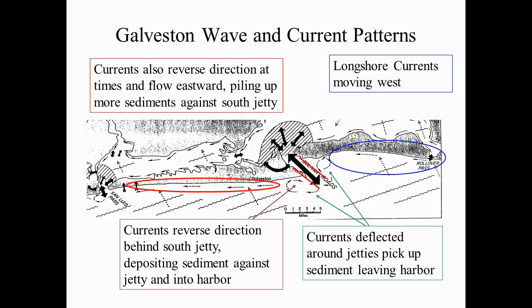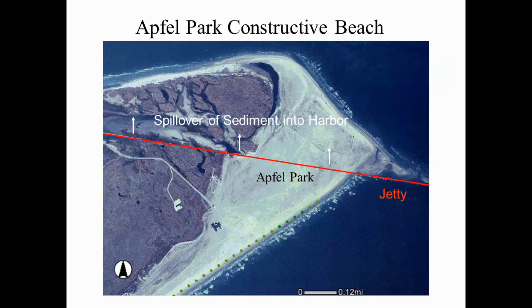Depending on the wind patterns, the currents can also reverse direction, and at times longshore currents can flow eastward, and this has the effect of piling up additional sediments against the south jetty. So the net result is that the south jetty, traced by this red line, shows a lot of sediment buildup along both sides.